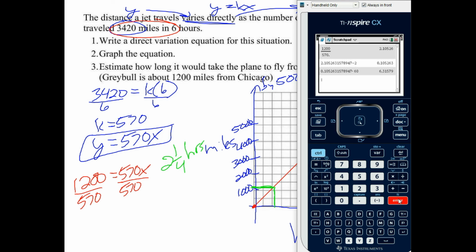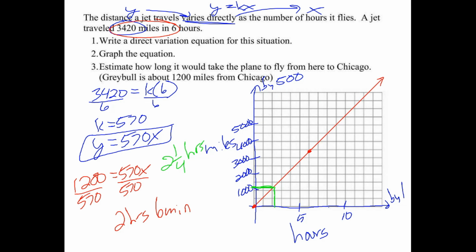It's 6 minutes. So it's 2 hours and 6 minutes. So my guess of 2.25 hours was a little off. I was off by 9 minutes, but that's okay because I was using my graph and just estimating. Okay? 2 hours, 6 minutes would be the flight time. That's pretty good.